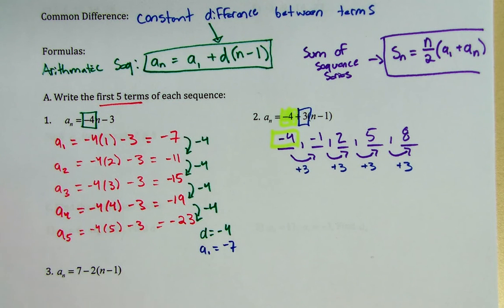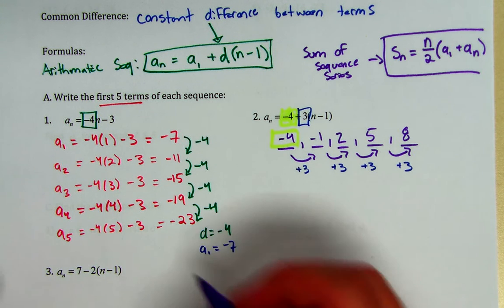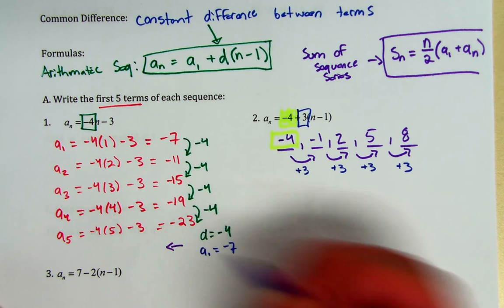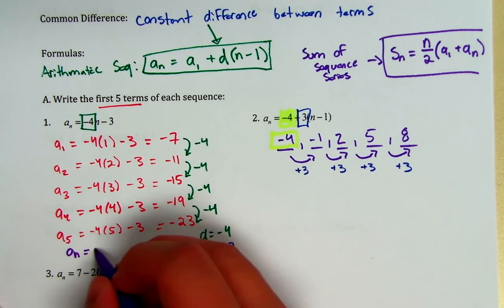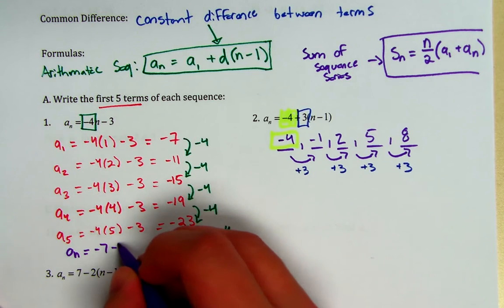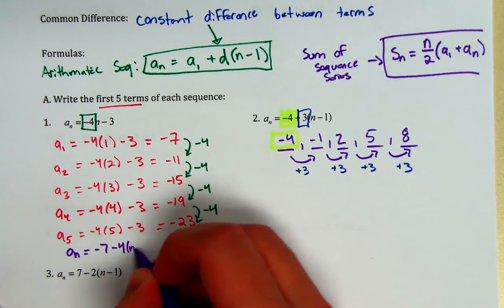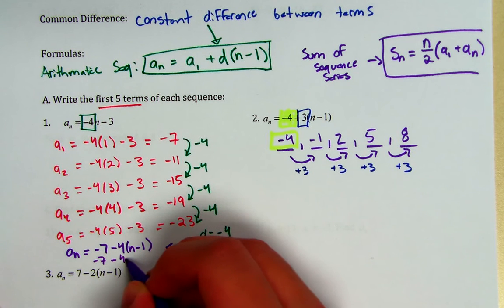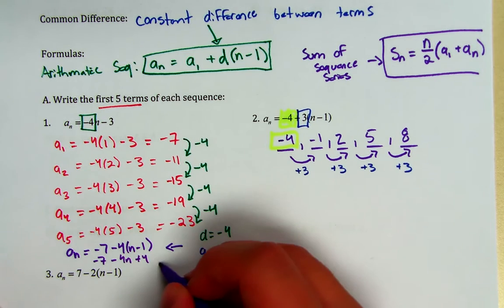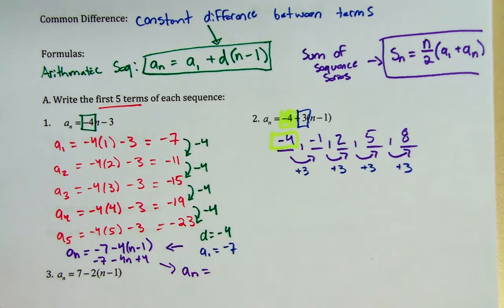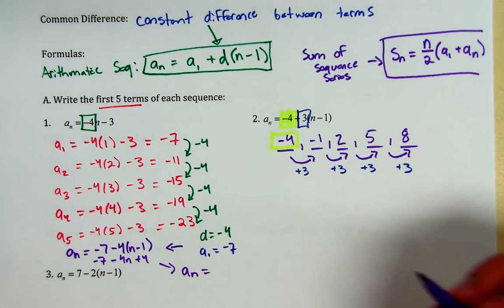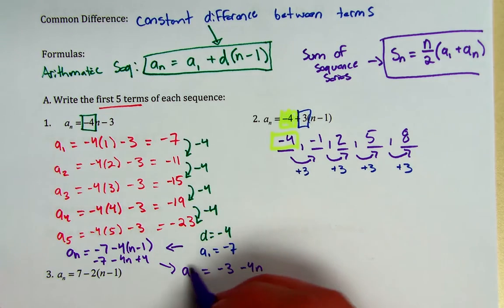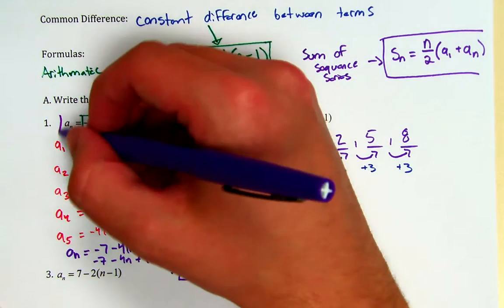Let's use that to write an equals a1, negative 7, minus 4, because it's a negative 4, times n minus 1. That really becomes negative 7 minus 4n plus 4, so an equals negative 7 plus 4, that's negative 3, minus 4n. Notice that was the formula we started with.